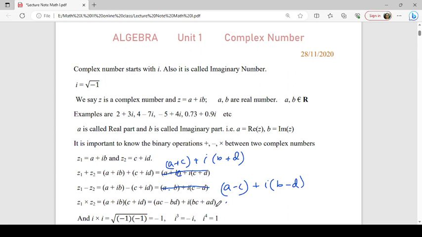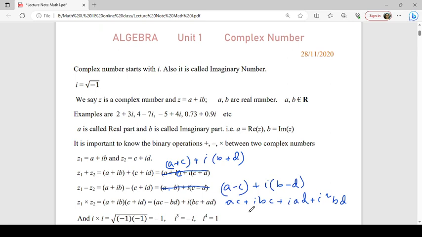Then the product: we take the product, so ac plus ibc plus iad plus i square bd. Because i square is equal to minus 1, root over minus 1 into root over minus 1 is minus 1.